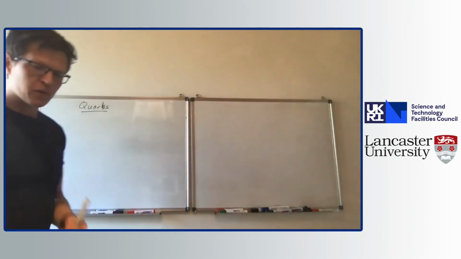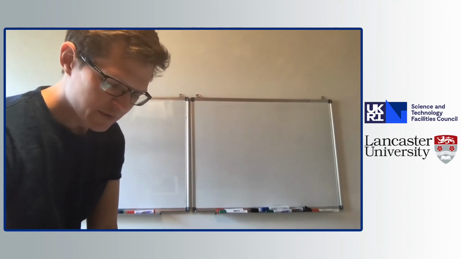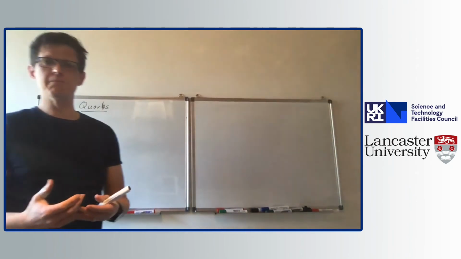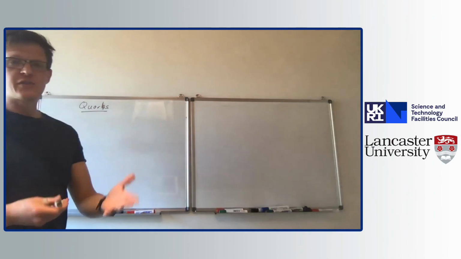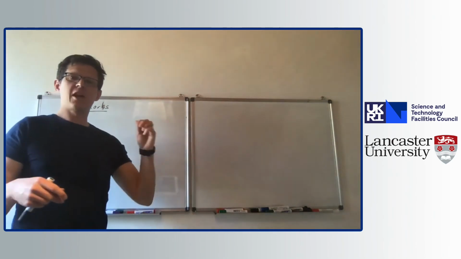Okay, so for quarks, the story is very different because now we have QCD in the game. And QCD at very high energies, famously, there was a Nobel Prize awarded for this, the gauge coupling becomes very, very small.